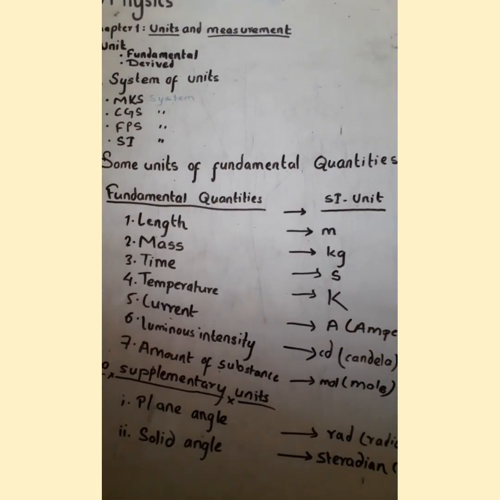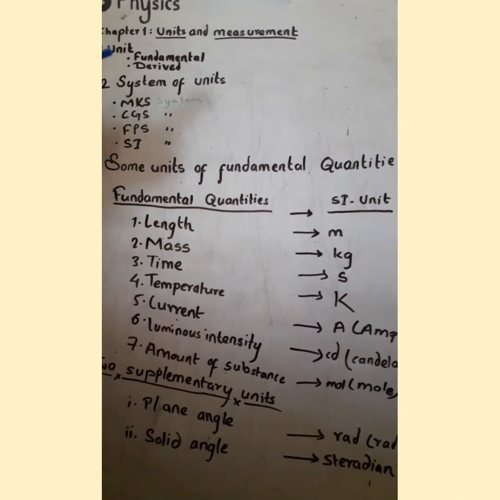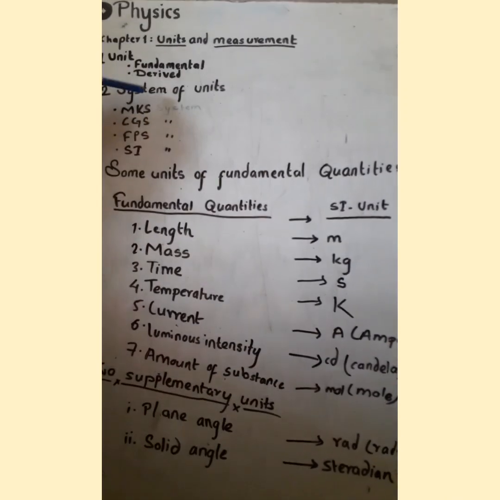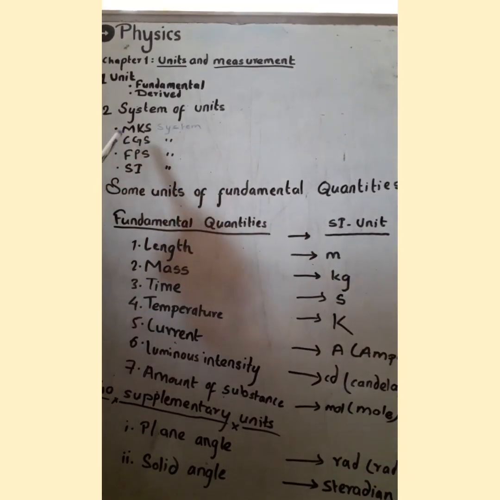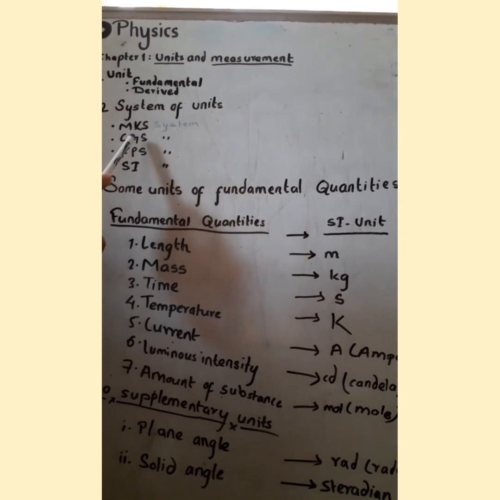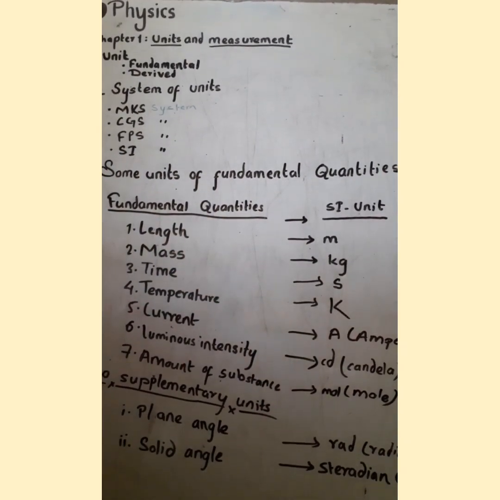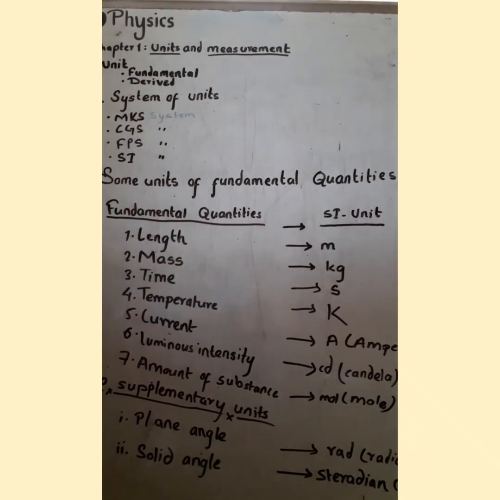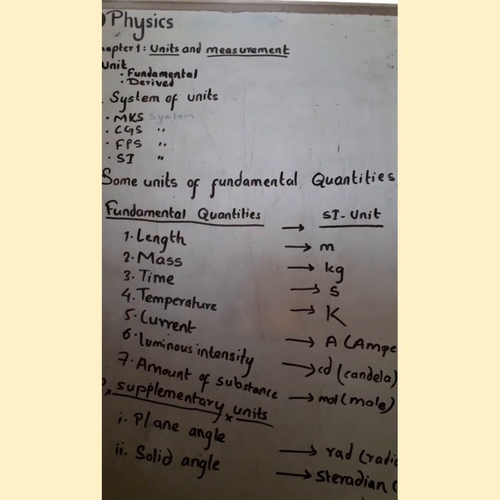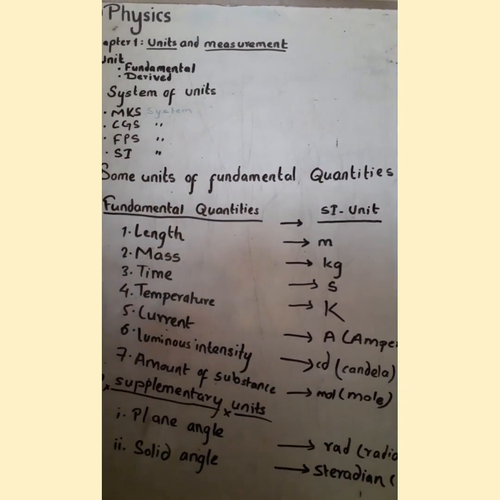In this system, unit of length is meter, mass is kilogram, and time is second. And in CGS unit, length is measured in centimeter, mass is measured in gram, and time is measured in second. Then, in FPS system, length is measured in foot, mass is measured in pound, and time is measured in second.